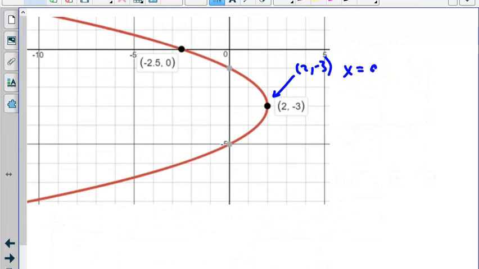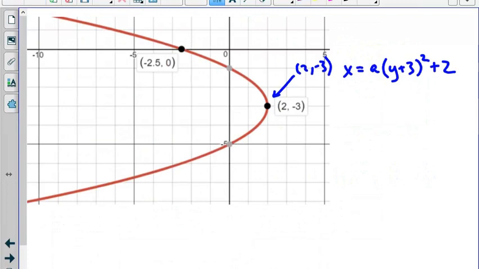So a is some value that we don't know times (y plus 3) squared plus 2. Now our objective is to find a, because once we find a, then we have the equation, and our goal all along was just to find the equation.